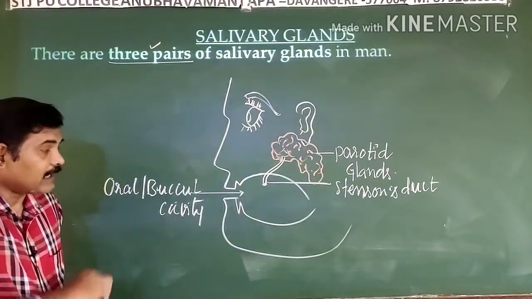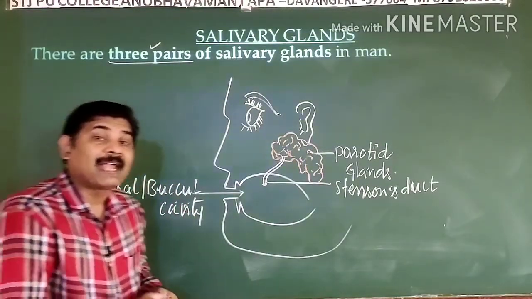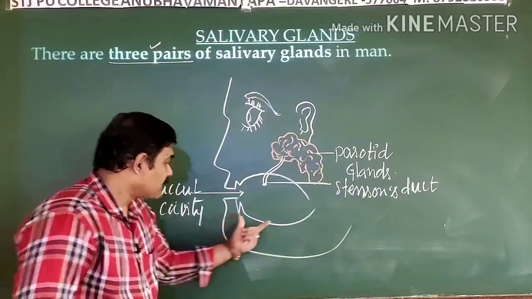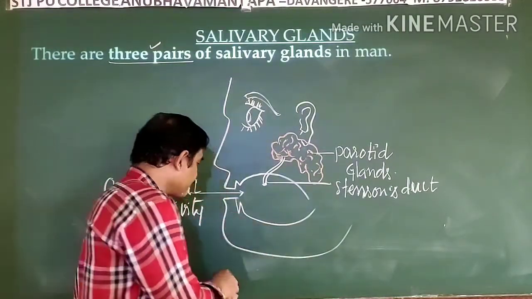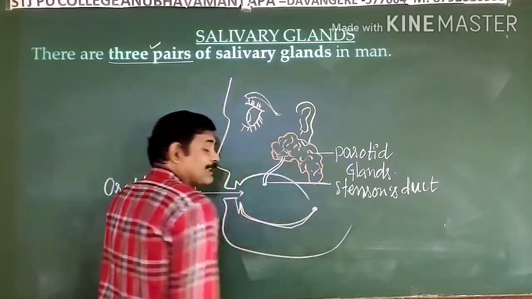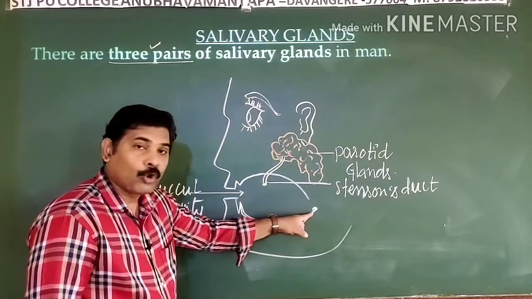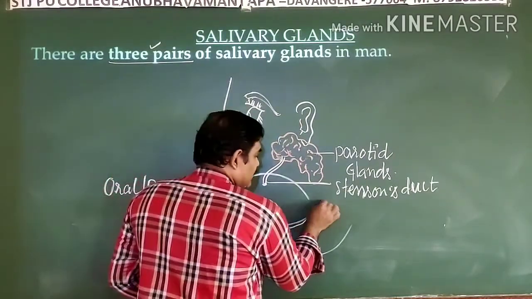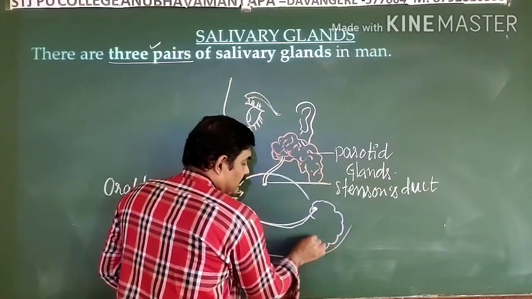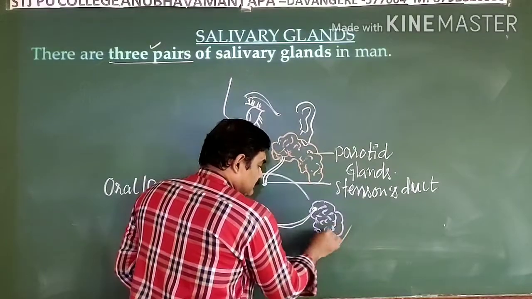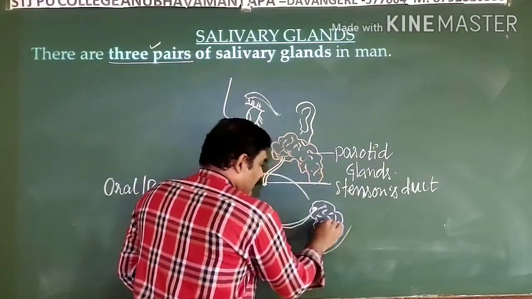Whereas coming to the second type of glands, the submandibular or submaxillary salivary glands. I said this is your lower jaw. You can see at this junction or the angle of this lower jaw these glands. Right?